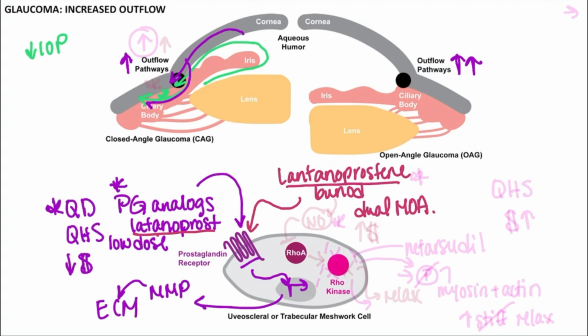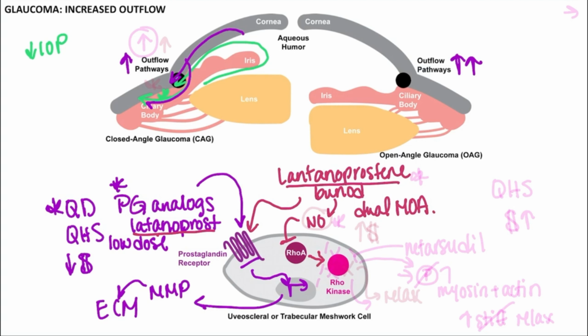But now it actually has an additional moiety that generates nitric oxide, which will go through its normal signaling cascade we've discussed before, but downstream in the trabecular meshwork, this will inhibit Rho-A activity, which is a G protein that activates Rho kinase.